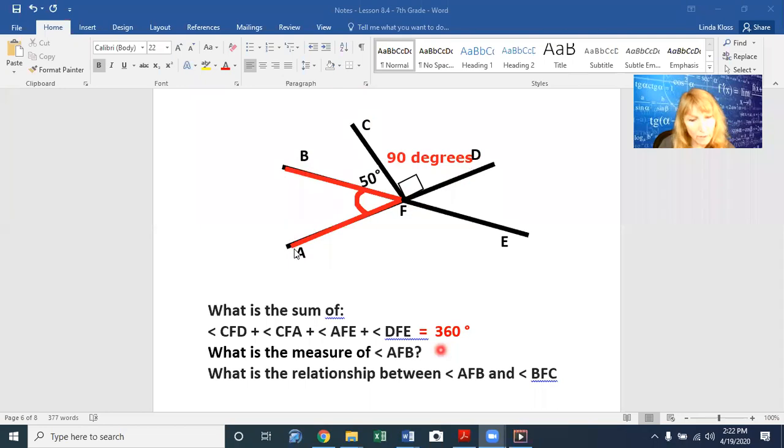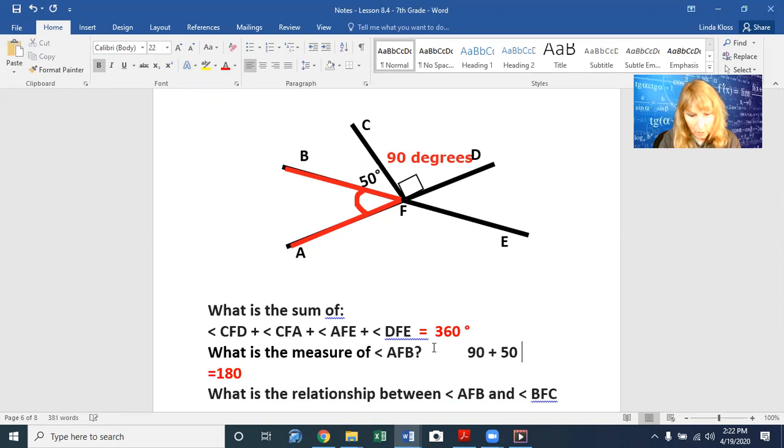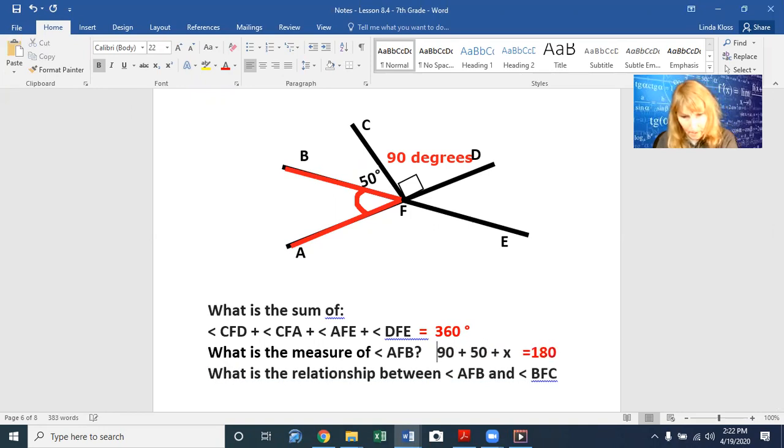Well, how could we figure that out? We know 180 has got to be our total. We could make an equation for ourselves, and that's what we're going to do. So we have 90 plus 50 plus x equals 180 degrees.